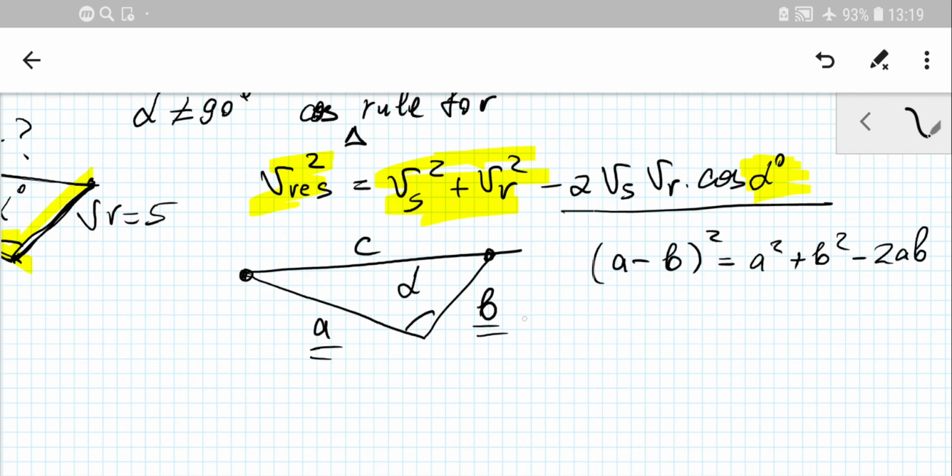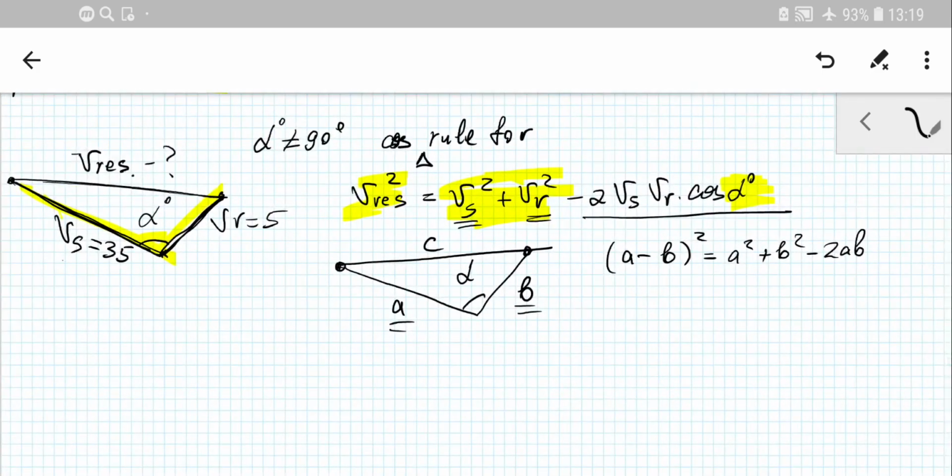You have two sides, which are VS and VR. Let's compare it with the picture: those sides are A and B. Here is the sum of the squares, and then you subtract the double product of those sides.